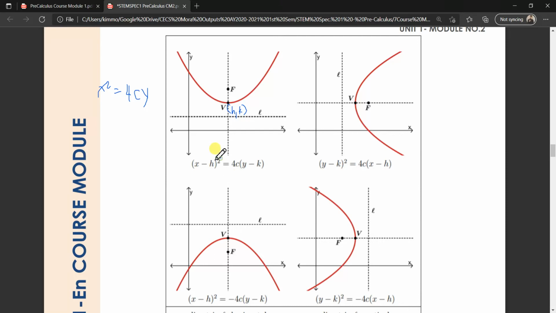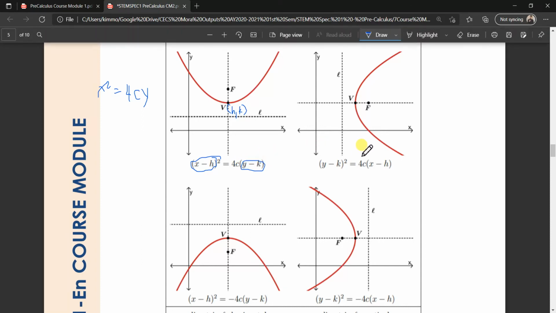So what is reversed is just x minus h and y minus k. Again, if it is facing to your right, then the equation should be (y minus k) squared, so y is the one squared, equal to 4c times (x minus h).